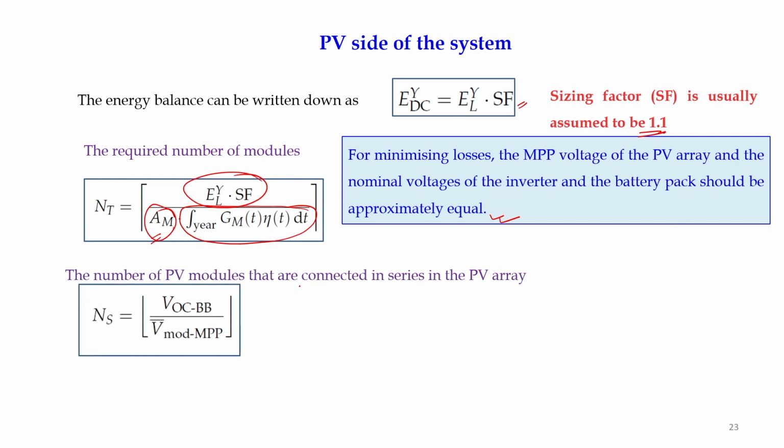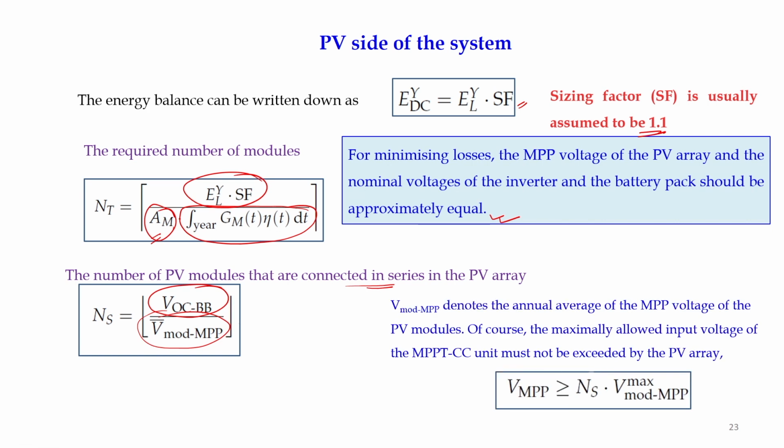Now, we are concerned about the series connection of the PV modules in that array. Once we know the open circuit voltage of the battery bank and the average voltage of the module MPPT, then we can find out the number of modules to be connected in series. So, this V_mod,MPP denotes the annual average of the MPP voltage of the PV module.